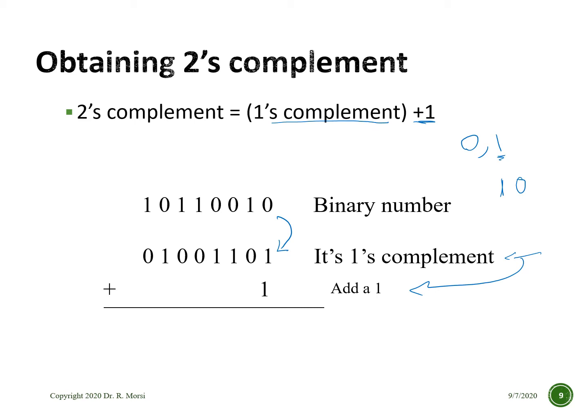I go 0, 1, 0, 1. So if I'm going to add 1 to another 1, then my answer needs to be a 0 with a carry of a 1.